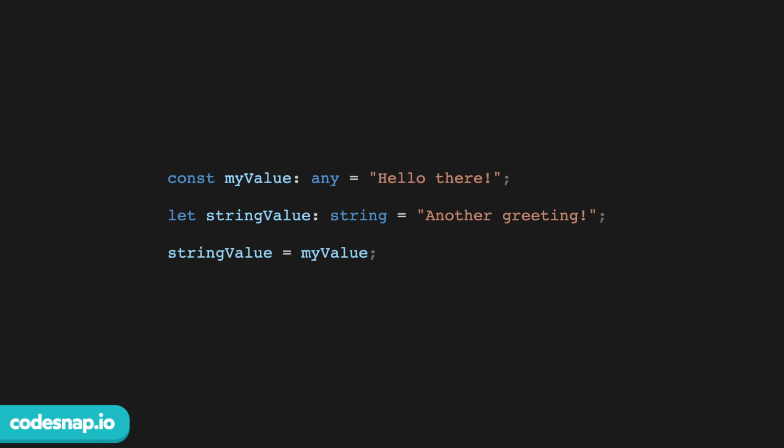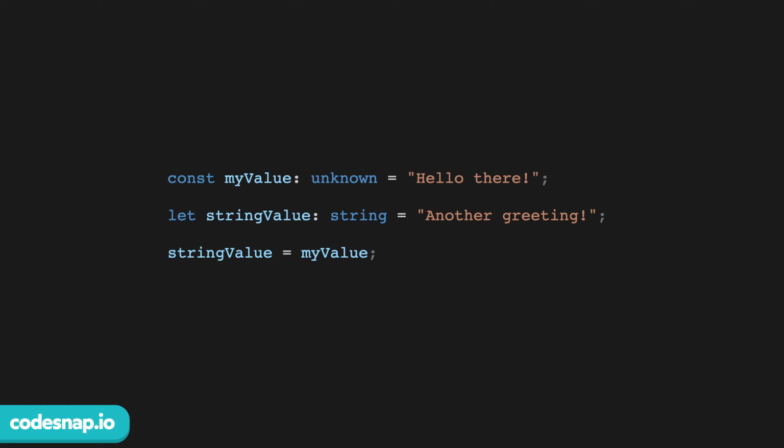However, if we change the type of my value to be the type unknown, this would be deemed as invalid code and would not pass through TypeScript's compiler. So where any takes a more optimistic approach of what type it could be, unknown takes a more pessimistic approach and assumes that the value will not be a string. This example shows how unknown can be a little safer than using any.